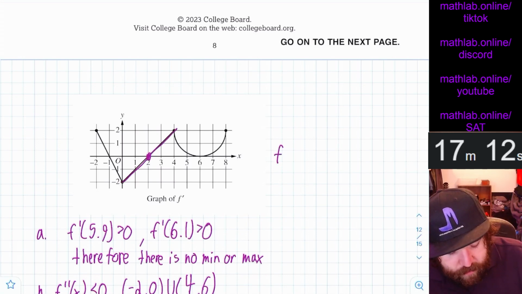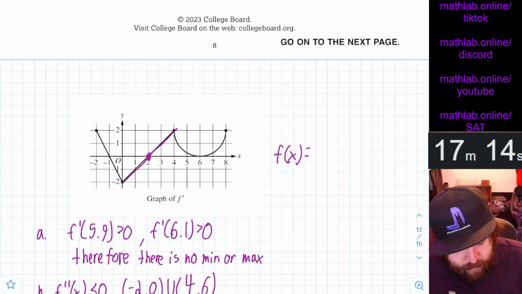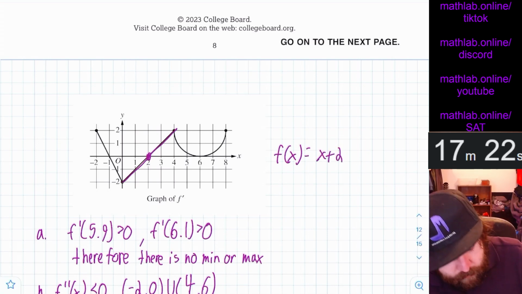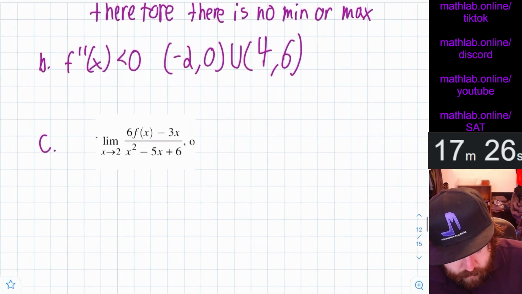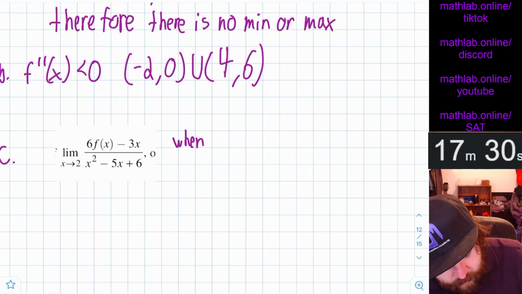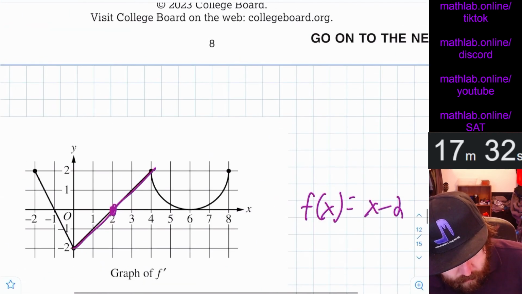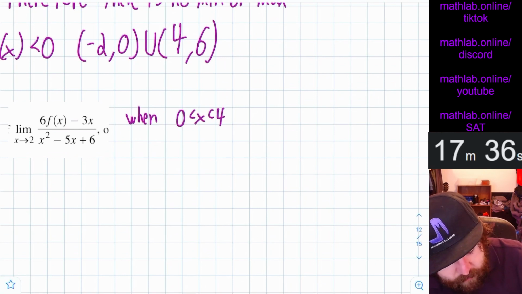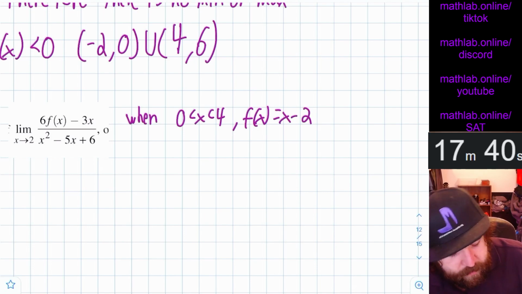I'm just going to say we know that f of x, that part of the piecewise function, is x minus 2. So when x is from 0 to 4, f of x equals x minus 2.